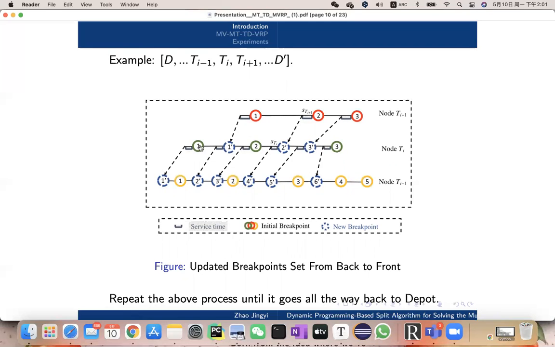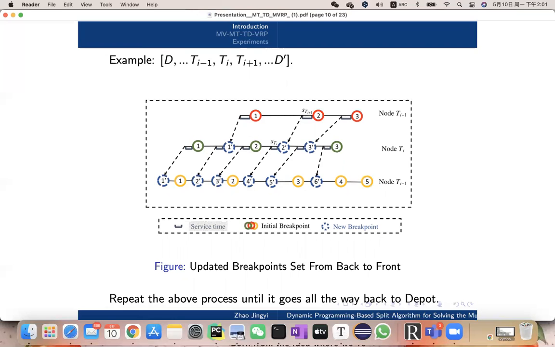Then we have two parts. The green ones are the original ones, and the blue ones are updated from node T_i+1. Then using this updated breakpoint set to update node T_i-1's breakpoint set, we can get 6 new breakpoints, the blue ones, and the yellow ones are the original ones.